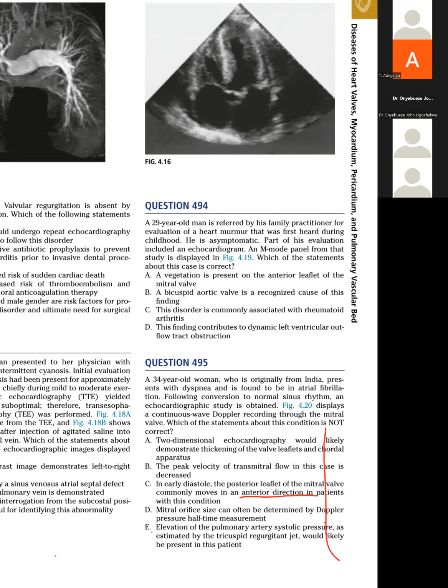That has been observed in people with severe stenosis due to rheumatic valve disease.